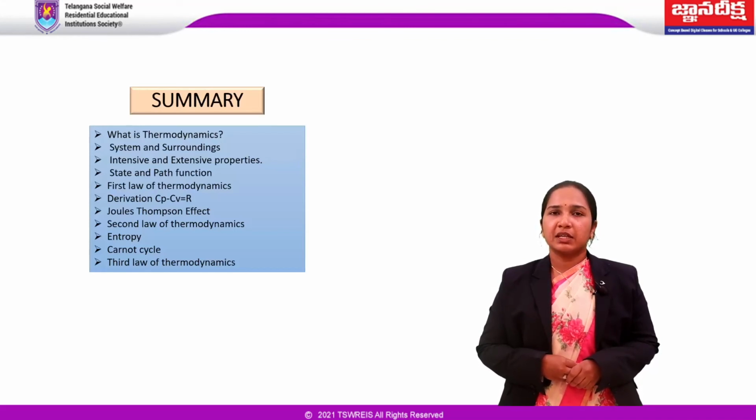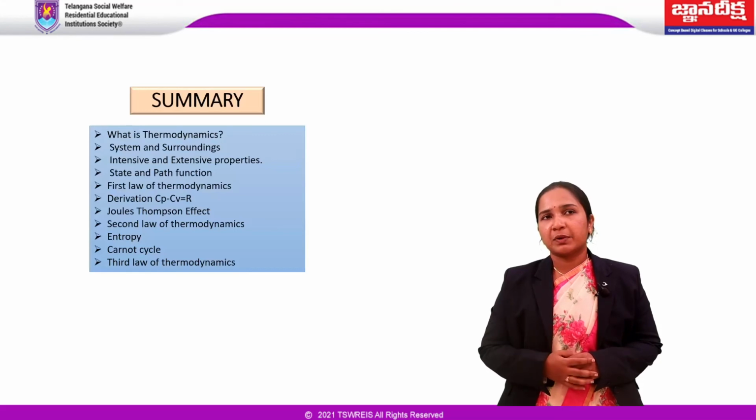Next, we have studied intensive and extensive properties. Intensive properties are the physical properties which are independent of the amount of matter. Extensive properties are the physical properties that are dependent on the amount of matter.